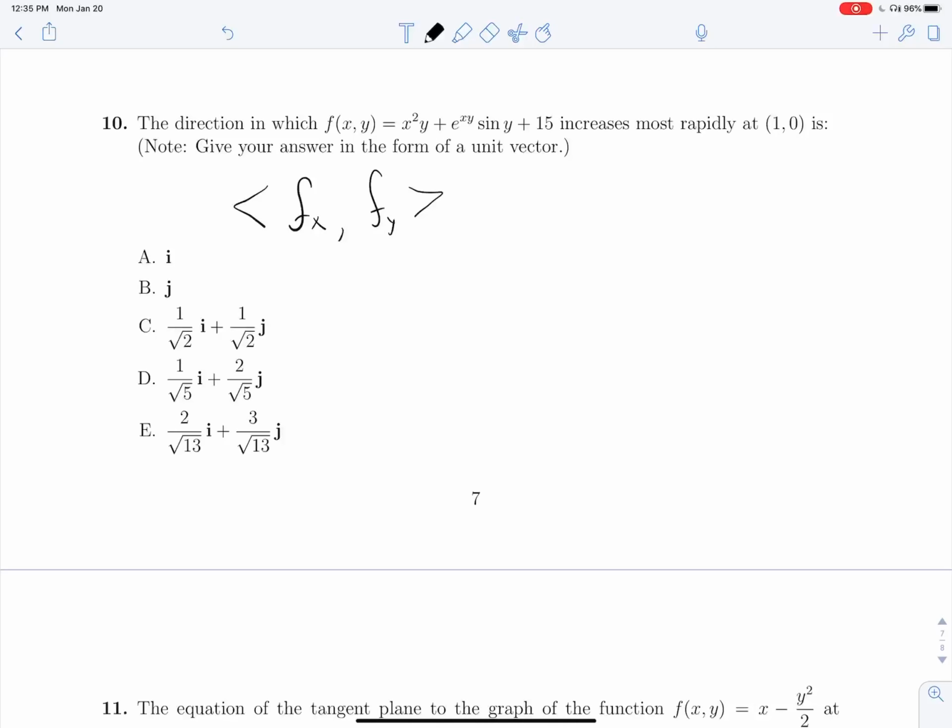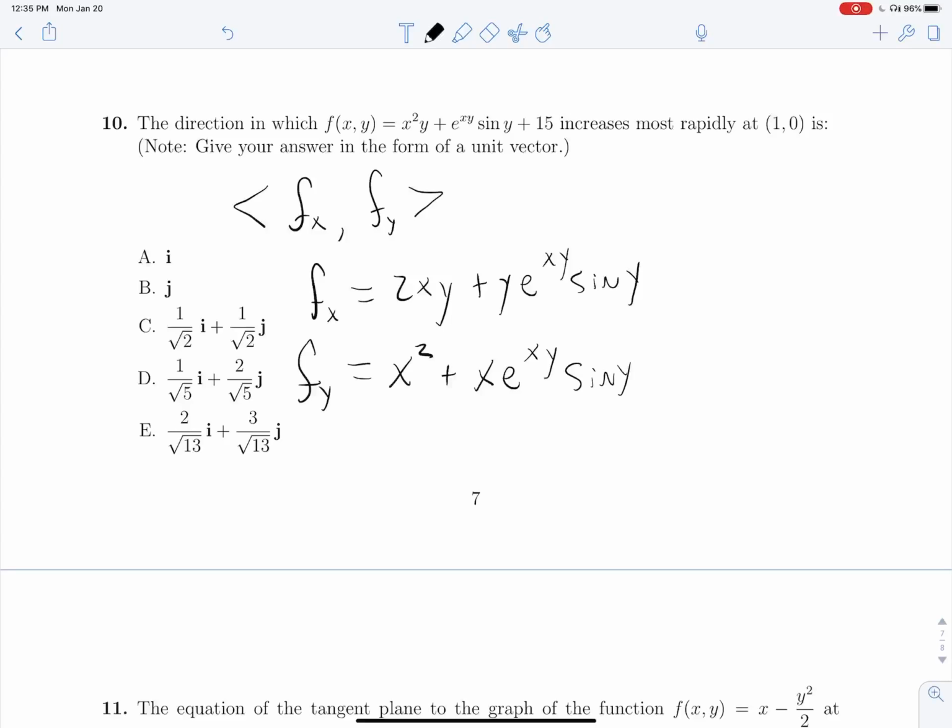And in the end we're looking for this in terms of a unit vector. So f_x will give us 2xy plus y e to the xy sine y, whereas f_y will give us x squared plus x e to the xy sine y plus e to the xy cosine y.